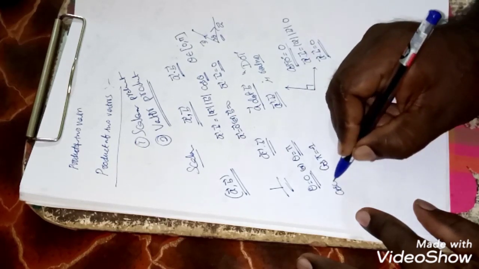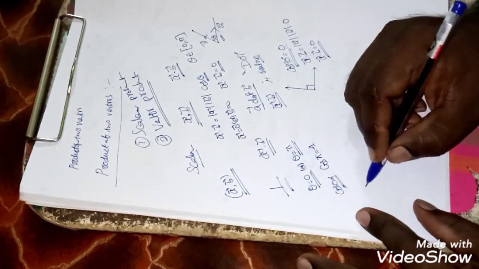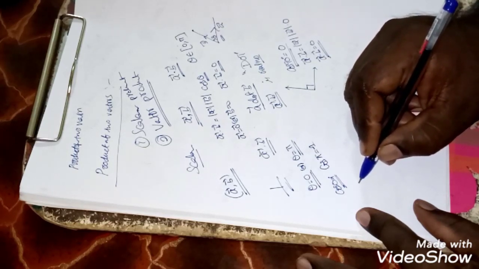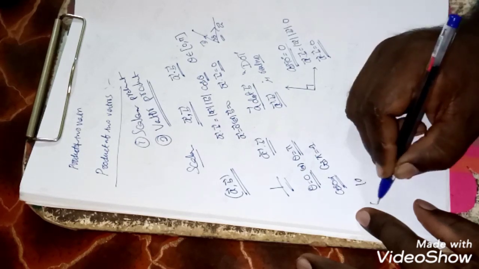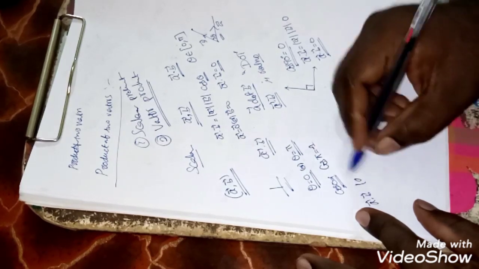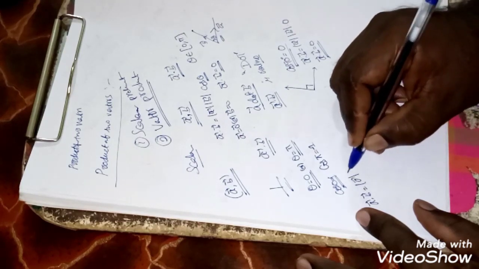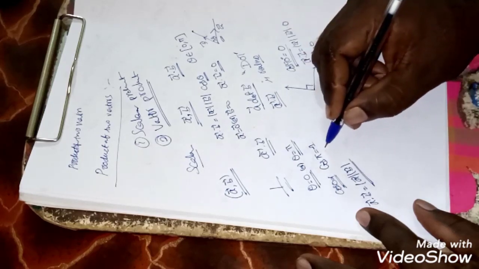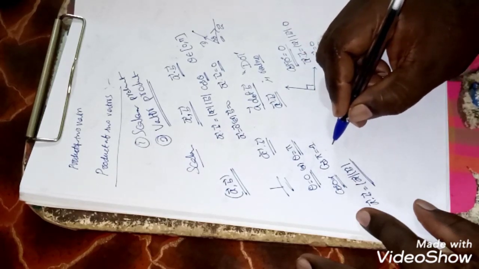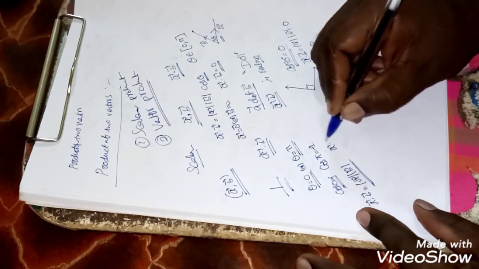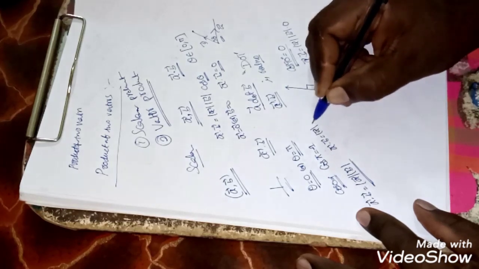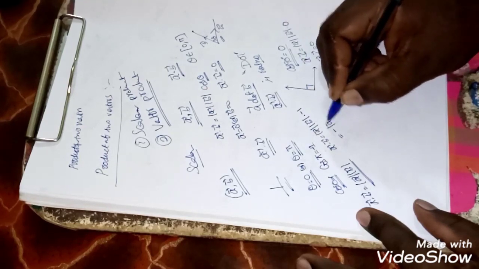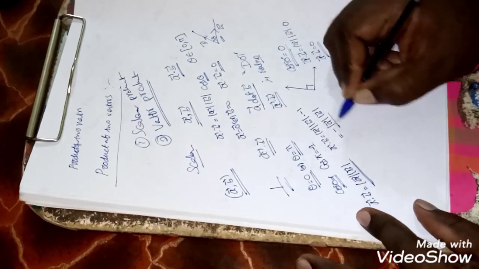Collinear in the same direction, or parallel: then a bar dot b bar is equal to modulus a bar into modulus b bar. Otherwise, if they are collinear in the opposite direction, a bar dot b bar is equal to modulus a bar modulus b bar, and cos 180 is -1. Therefore this is minus of modulus a bar into modulus b bar.